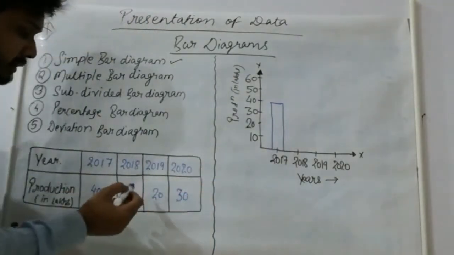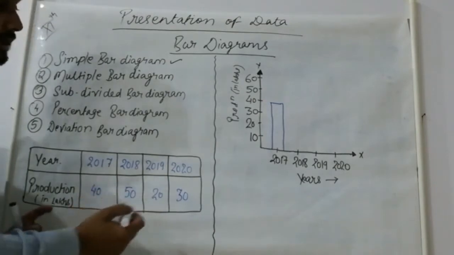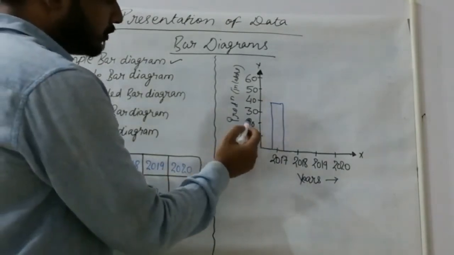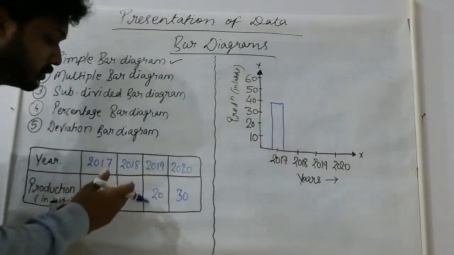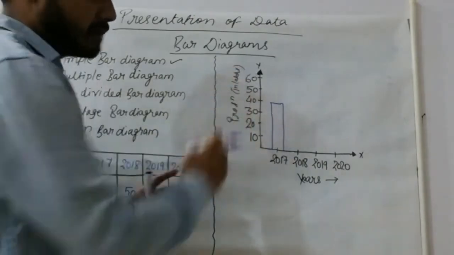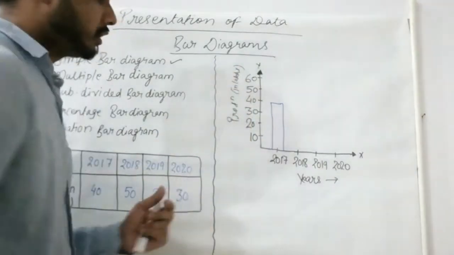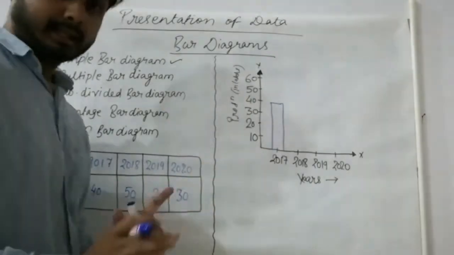Since our minimum requirement was 20 and maximum requirement was 50, we have taken the gap of 10-10. If it were big data, suppose 150, we could also take the gap of 20 or 30, but the gap for every unit will be the same, that we have to keep in mind.